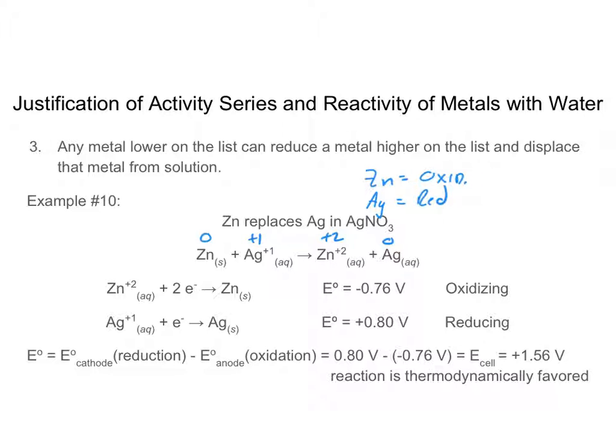So in this case, when you take the half cell reduction potential for silver minus the half cell reduction potential for zinc, we get a positive 1.56, and as a result, this equation is thermodynamically favored. So zinc can replace silver. Does that make sense?